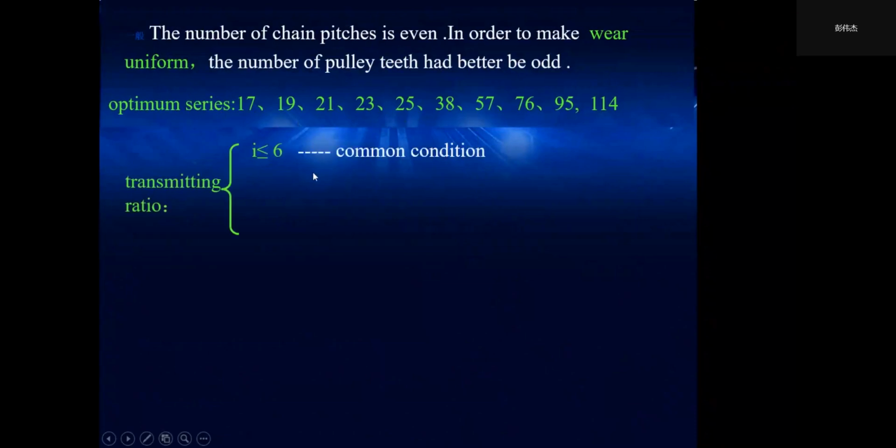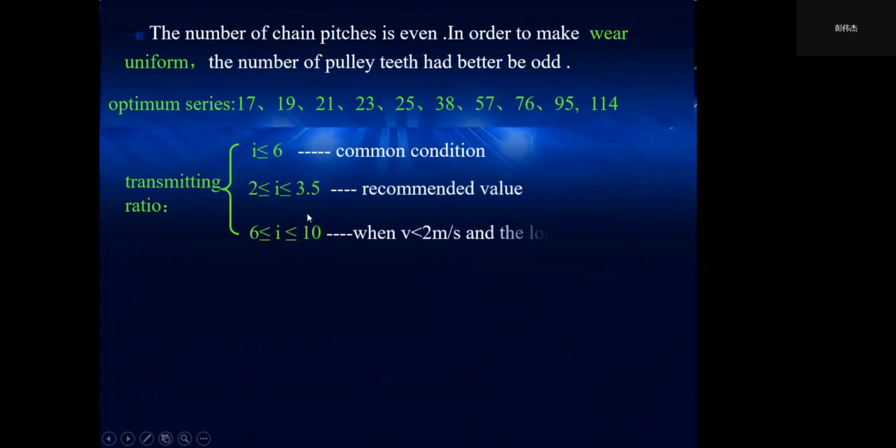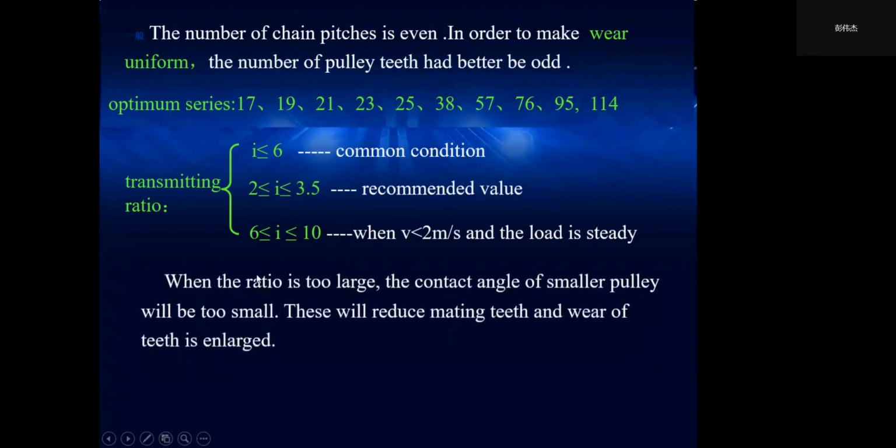And this is for the transmission ratio. When the ratio is too large, the contact angle of the smaller pulley will be too small. This will reduce mating teeth and wear of teeth is enlarged.